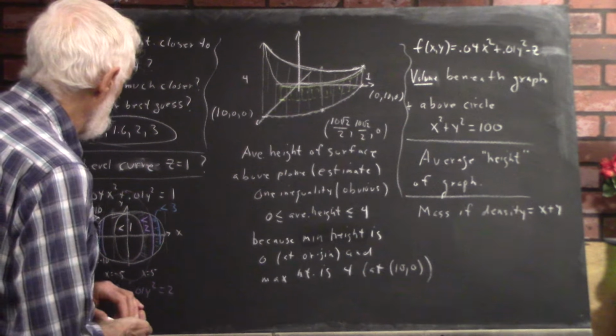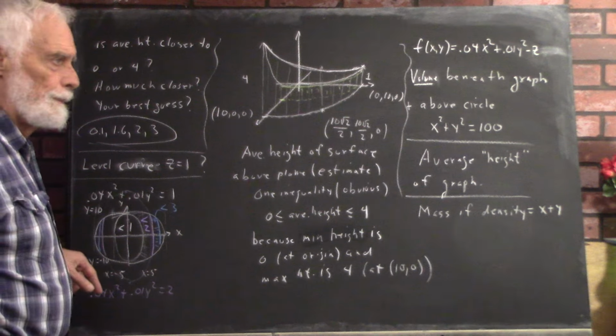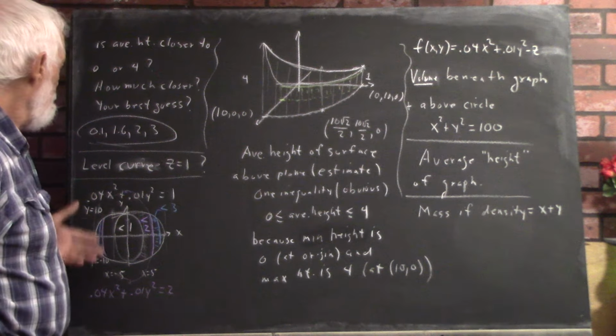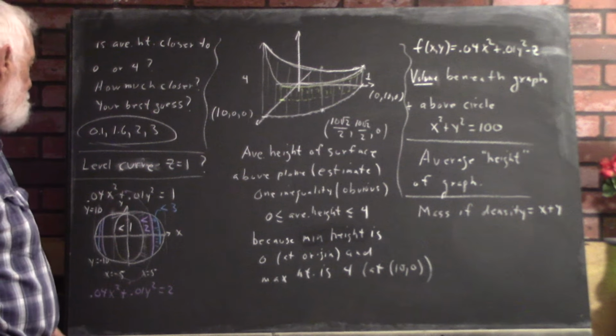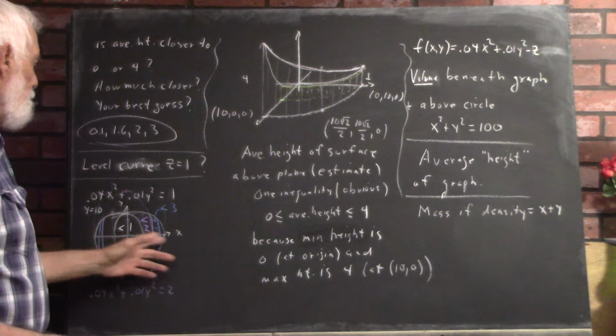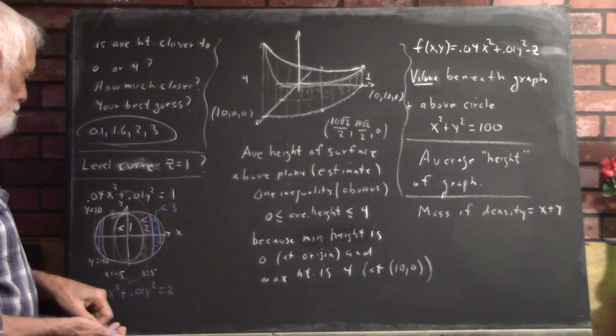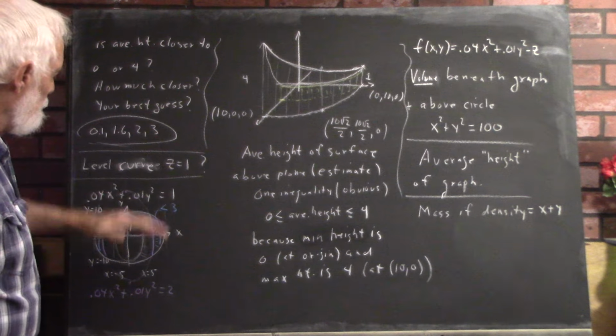Okay? So, given this information, tell me again, how are you going to estimate, what is your best estimate of the average height of this graph above the XY plane?